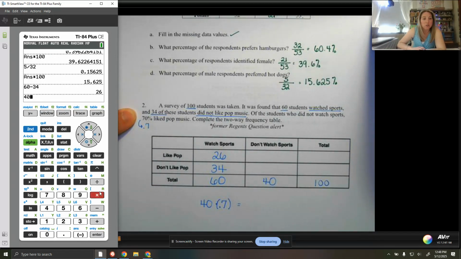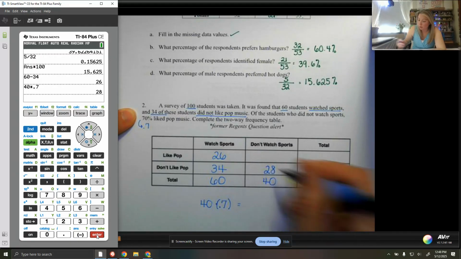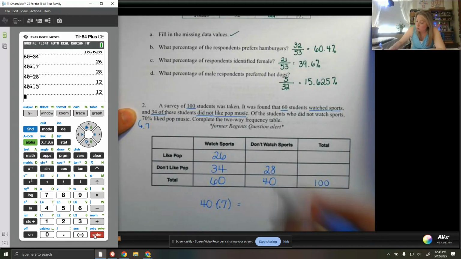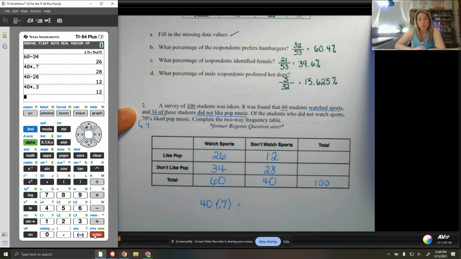So there were 40 students that did not watch sports, and 28 of those like pop music. So now 40 minus 28, or even 40 times the 0.3 that are left, will give me 12 who don't watch sports and don't like pop music.